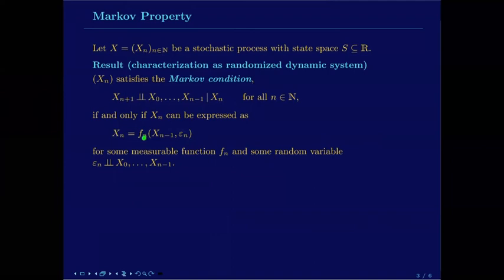So Xn is a function, possibly depending on the time, of the most recent value of the process and some random variable epsilon n that needs to be independent of the past of the process, including Xn-1. So epsilon n can be seen as noise entering this dynamic system that is independent of the past, and otherwise Xn depends on the past only through the most recent value.